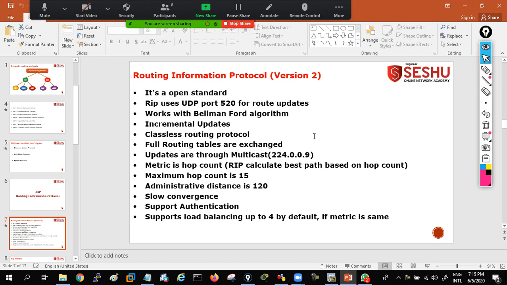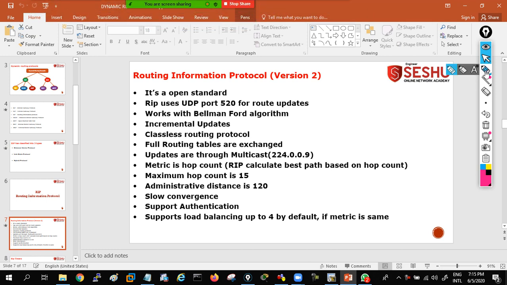Right. Let's go now. Which port number is it going to use, guys? 520. Then it works with the Bellman-Ford algorithm. So what is an algorithm? An algorithm is nothing but a way to find the best route towards the destination. It's going to use some algorithms, right? But as per RIP, what is the metric to find the best route?